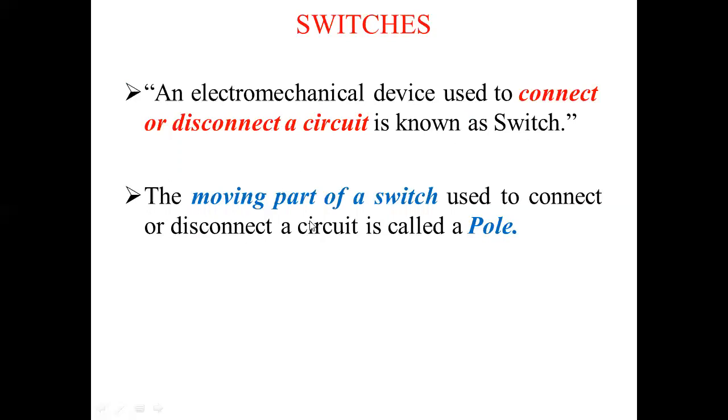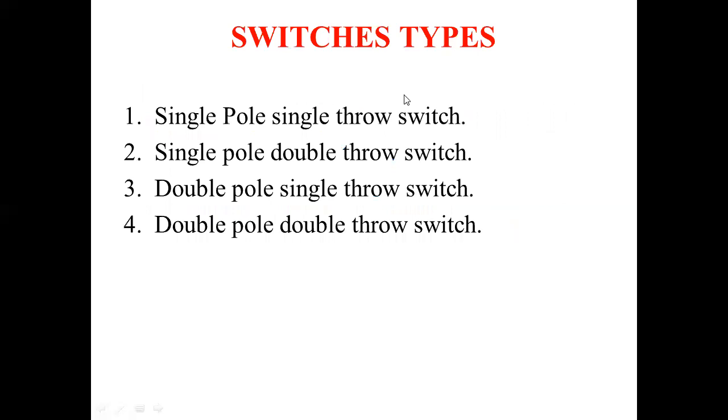The moving part of a switch used to connect or disconnect a circuit is called a pole. We can close the circuit or disconnect the circuit. And what are the different types of switches available? Single pole single throw, single pole double throw, double pole single throw, and double pole double throw.